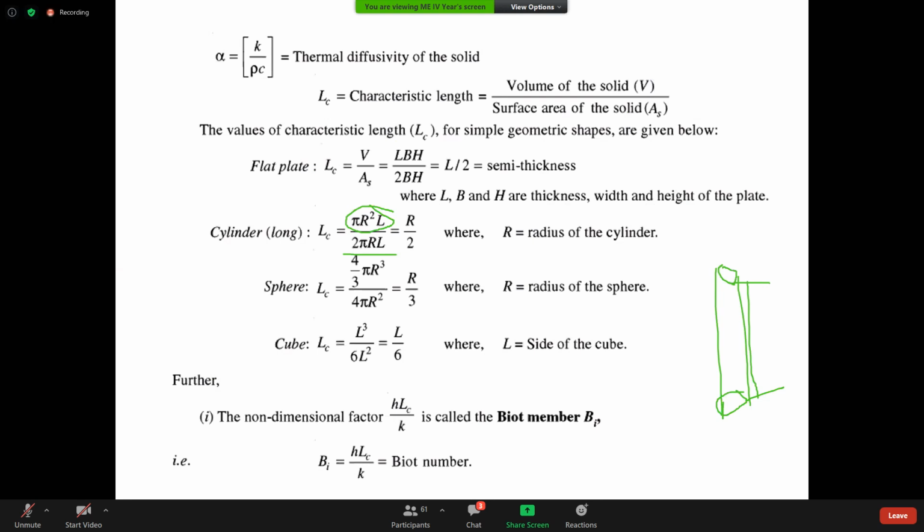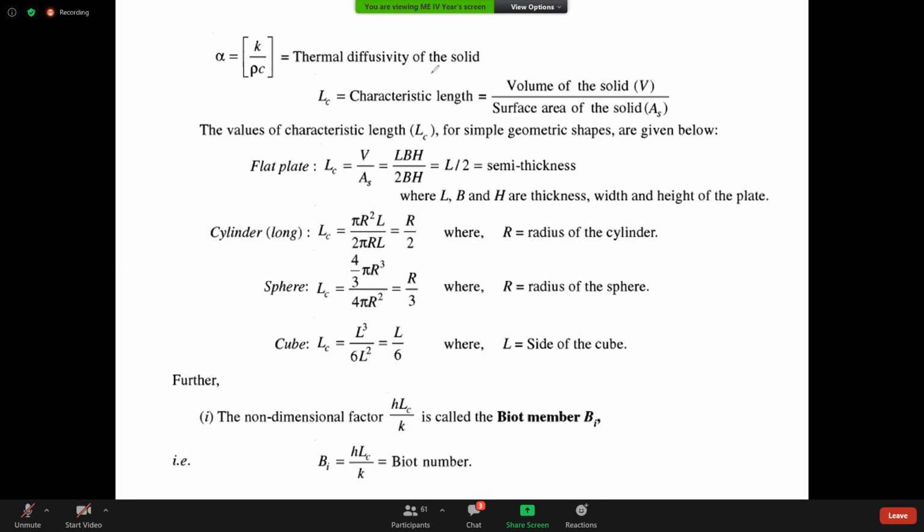After simplifying, you'll get R by 2. Again for the sphere, 4/3 phi R cube is the volume, 4 phi R square is the surface area, which we already used, giving R by 3. Again for the cube, L by 6. Like that, we have to calculate the characteristic length.